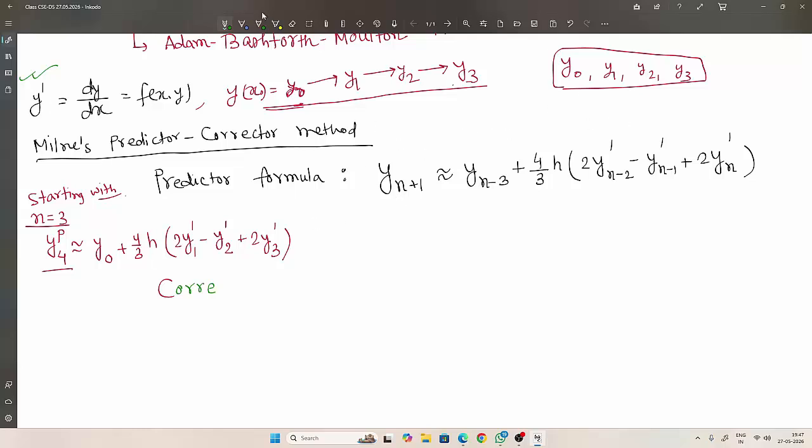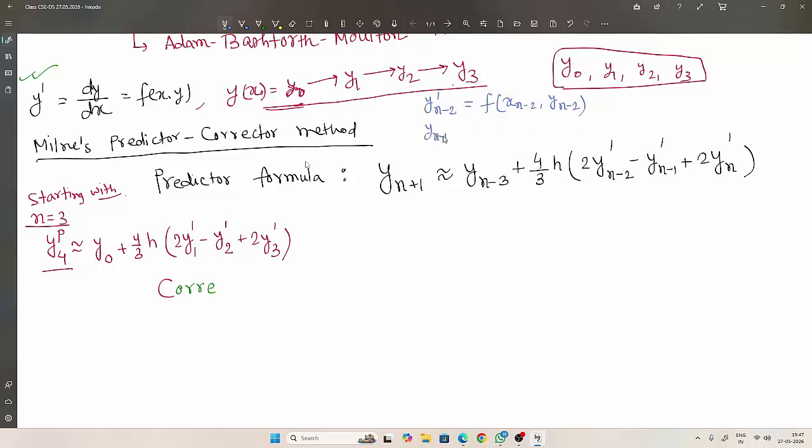That means if you have to find yn minus 2 prime, it is actually f of xn minus 2 comma yn minus 2, because y prime is f of x, y. So at the point n minus 2, the value is f of xn minus 2 comma yn minus 2.